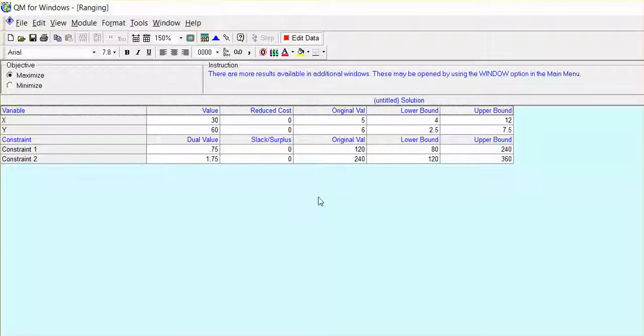So the proverbial bottom line here, when you're looking at the what-if analysis, the simulation you might say, is that you're always looking at this slack surplus. If there's a zero there, if I add an additional resource, it's going to increase profits.